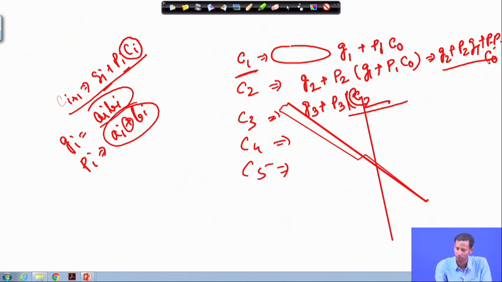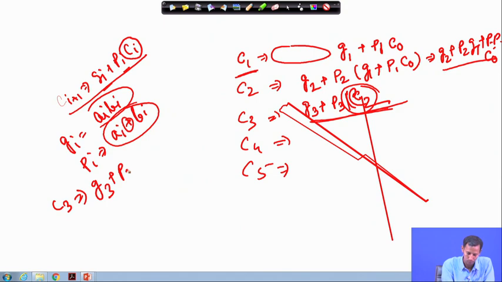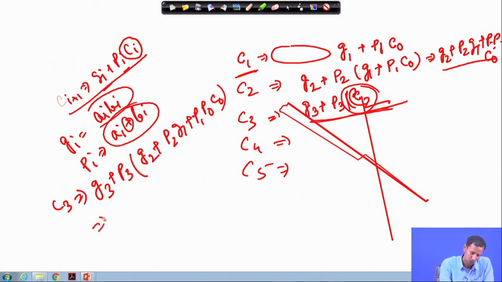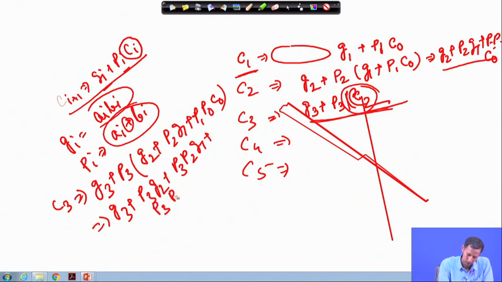Now C2 is this value, so if I replace C2 by this value, C3 becomes G3 plus P3 into G2 plus P2 G1 plus P2 P1 C0. That means G3 plus P3 G2 plus P3 P2 G1 plus P3 P2 P1 C0.